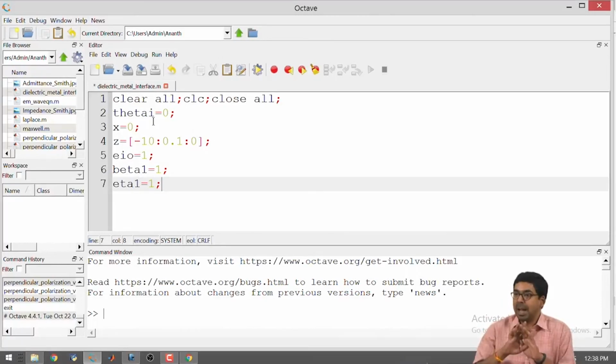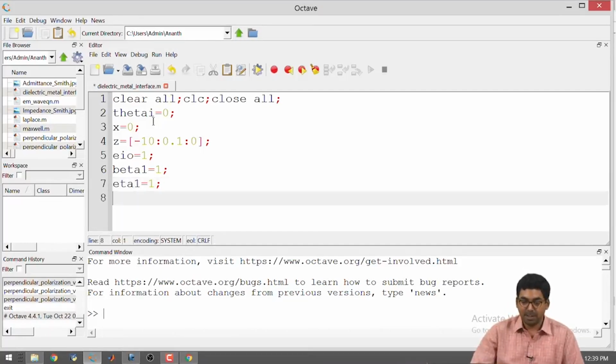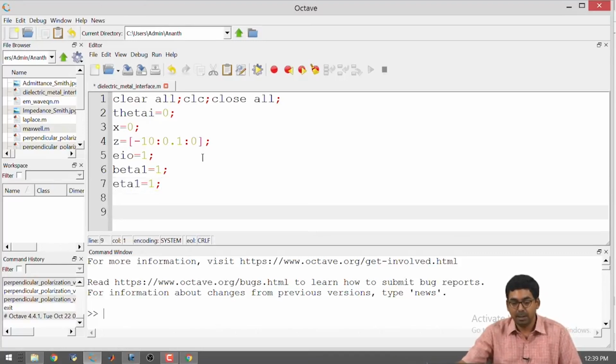So, I fix as many quantities as possible to ones and zeros, so that I reduce my expression a lot. Then I try to figure out what happens, and it is very easy for us to understand what exactly is going on. So, I have fixed everything to a very convenient number.